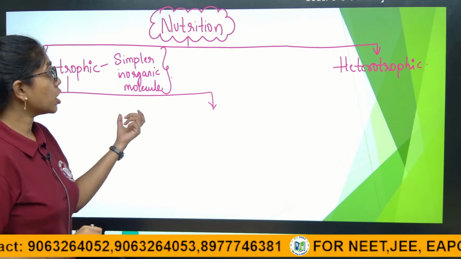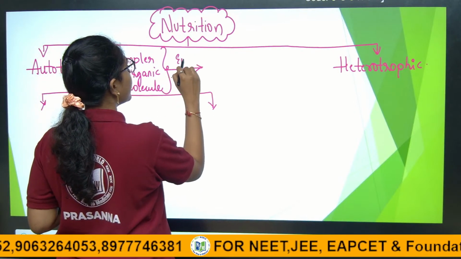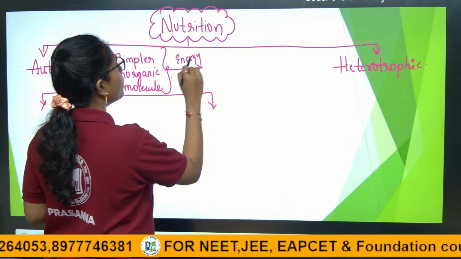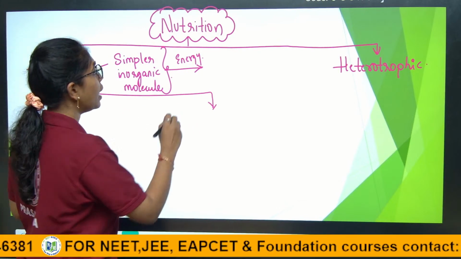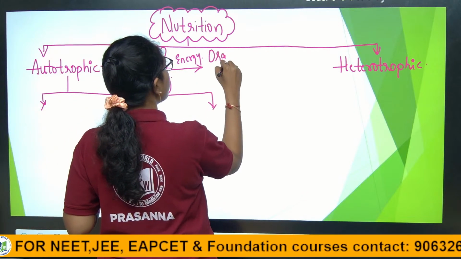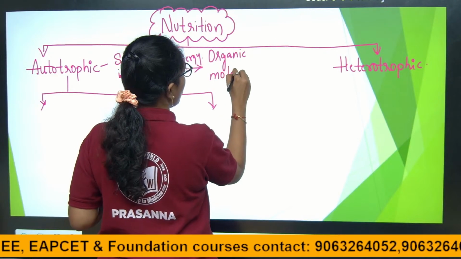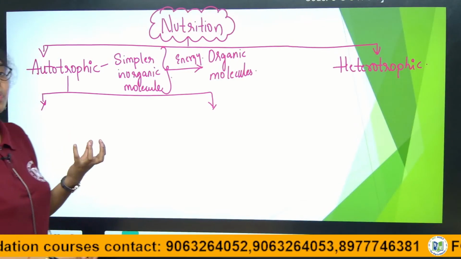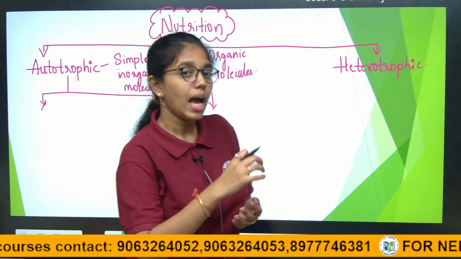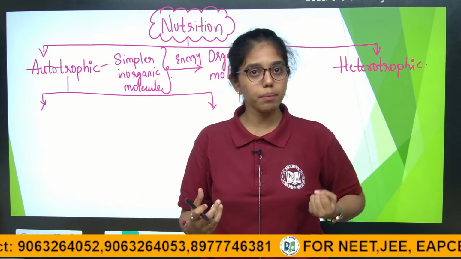It prepares its own food material by utilizing either light energy or chemical energy.